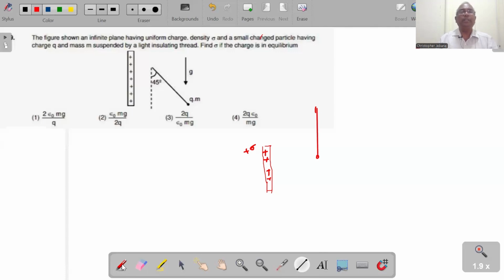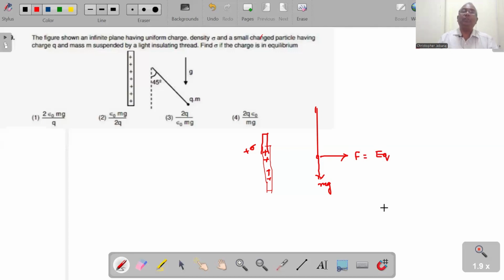Now, actually, before that, the weight was acting downwards, which is mg. After the electric field is applied, there is a force due to the electric field, which is equal to EQ.